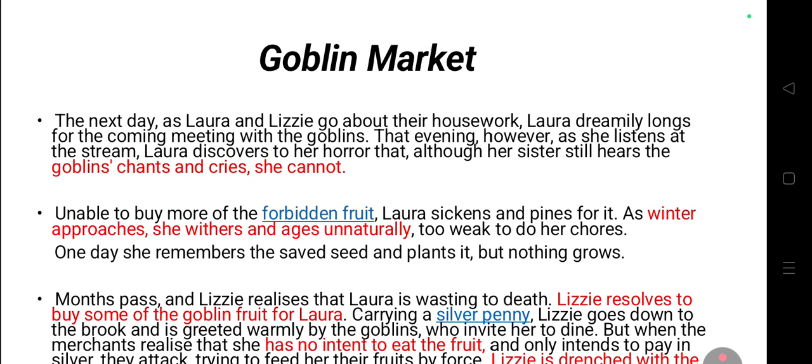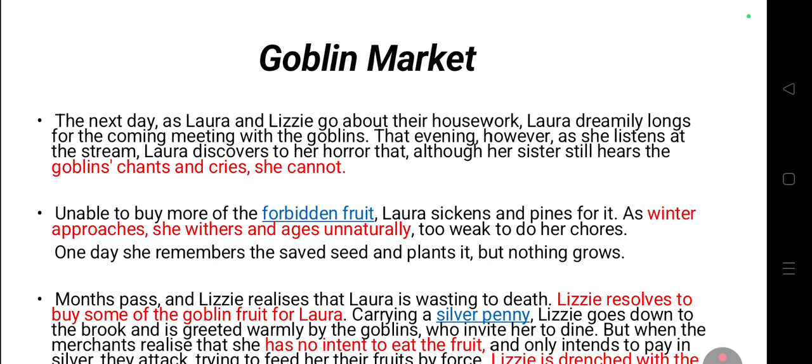Too weak to do her chores. Even she is unable to perform her daily routine. She becomes very weak, and she ages unnaturally. She is becoming older very fast.